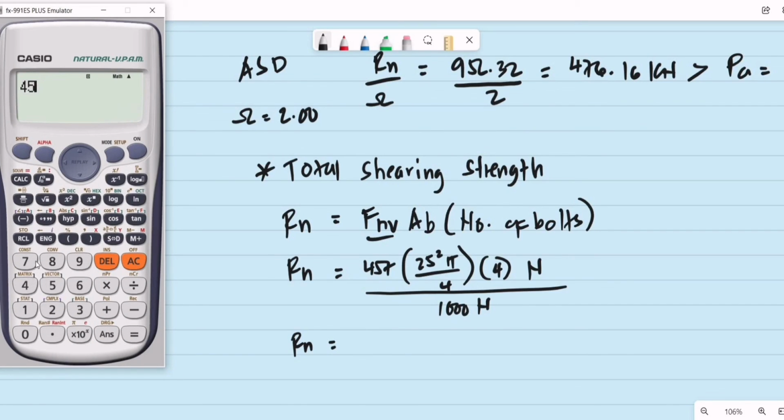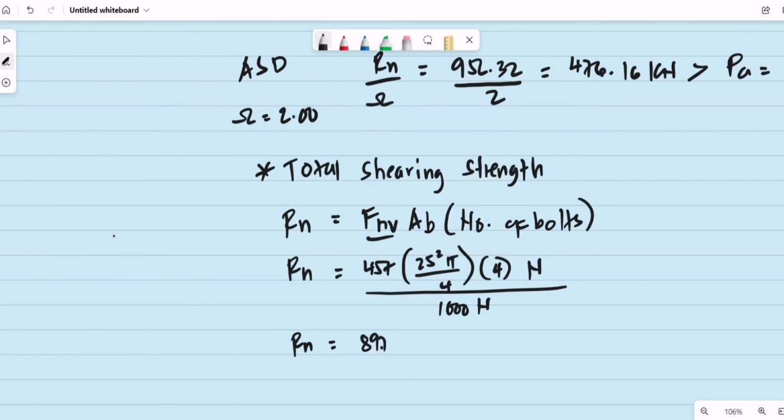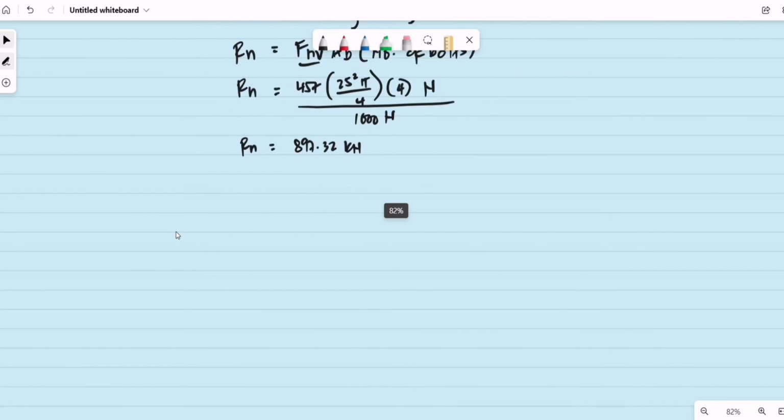We have 457 multiplied by 25 squared times pi divided by 4, then 4 bolts divided by 1,000. So a nominal value of 897.32 kilonewtons. Then again, we are to check if it is adequate under LRFD and ASD.